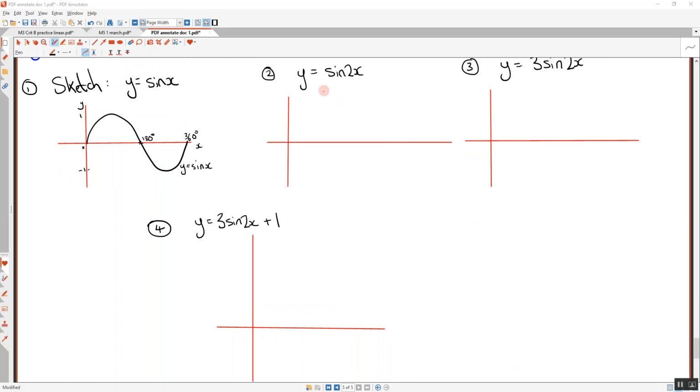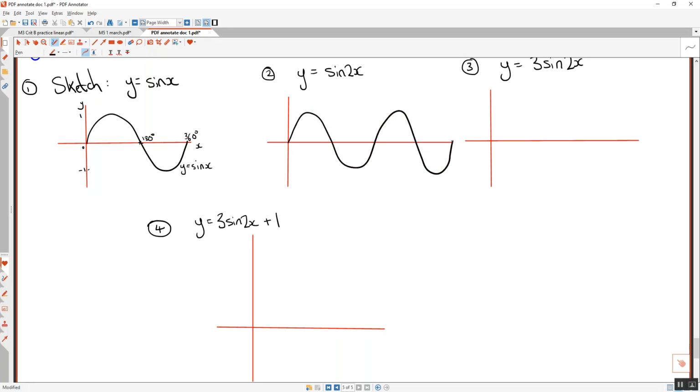Let's have a look at sine 2x. What happens to sine x when we introduce the 2 in front of the x? Damon. You repeat the cycle. Okay, and between what and what? Between 0 and 360. Right, good. I have to have 2 good cycles between 0 and 360. So I'm going to just draw in 2 cycles, and we want to try and be as neat as possible.